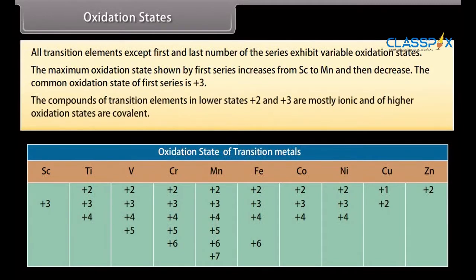The compounds of transition elements in lower states +2 and +3 are mostly ionic and those of higher oxidation states are covalent. For example, ZnCl2 and CdCl2 are ionic in nature and Cr2O7^2- and MnO4^- are covalent in nature.